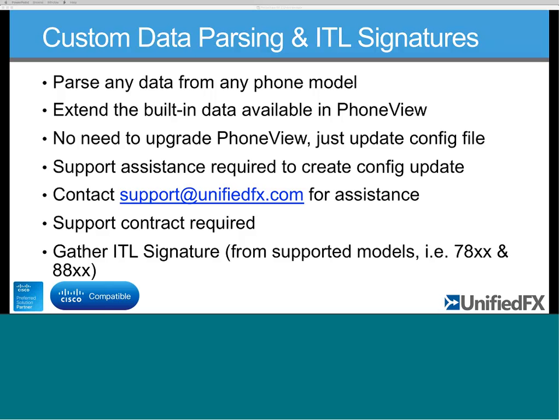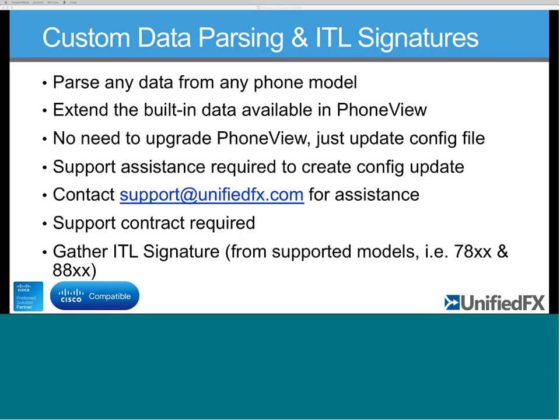That config file effectively contains a combination of the command that you send, the model or models that it applies to, the location of that data, or the URL, of the phone's web page, and then the location within that web page of where that data is to be extracted. So a combination of those things goes into the custom data file, and if we build this out, then it means that we can grab any data from any phone's web page.